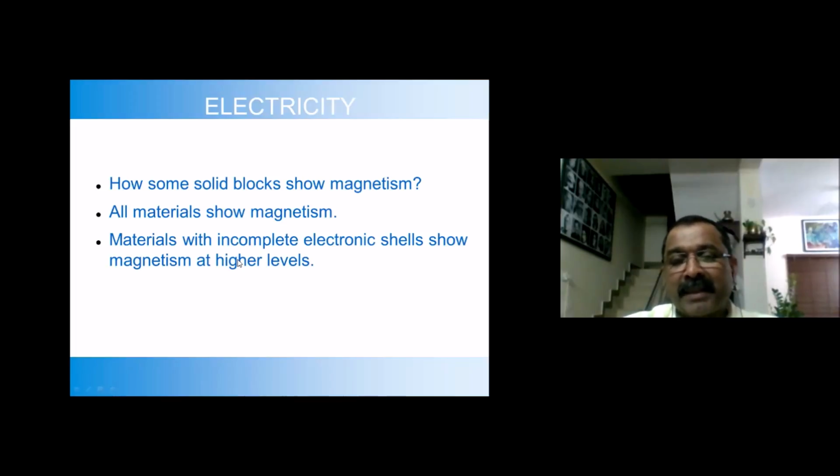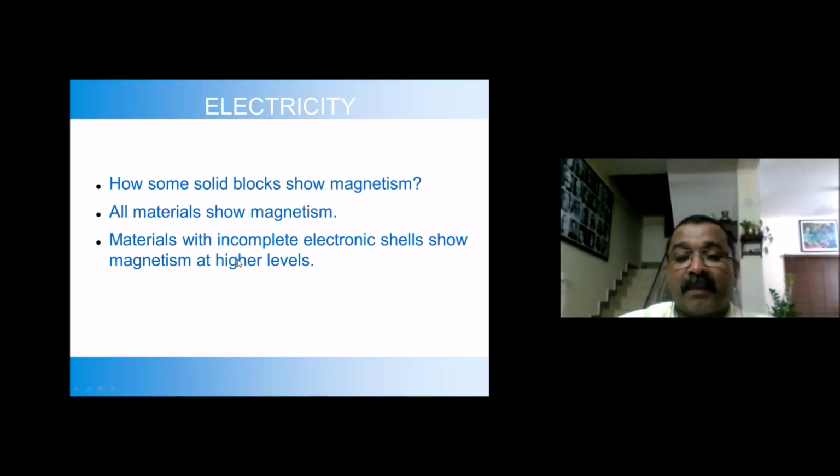In other words, we can say that each has a quantum number of magnetism. One electron will have a plus quantum number, the other a negative one, and if there are 2 electrons, they will combine together, making the magnetism nil. So if there is an incomplete electronic shell for an atom, it will show magnetism.